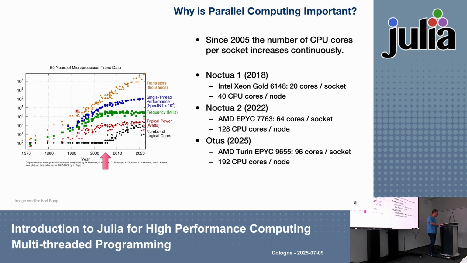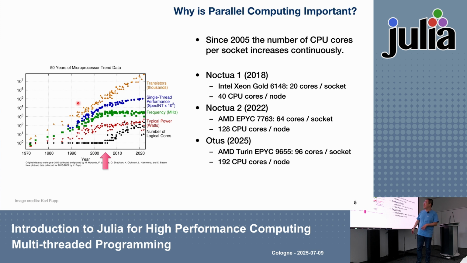Here on the left side is the development of the processors in the last 50 years from the 1970s. As you can see, there is a dramatic change around 2005. If we look at this plot, the number of transistors increases roughly without any problem.